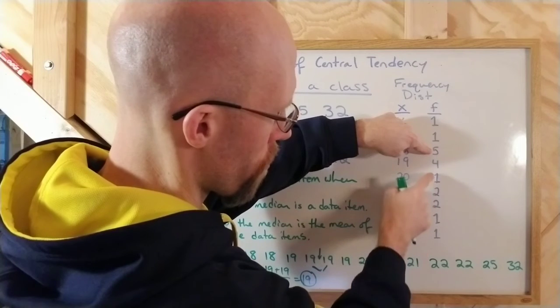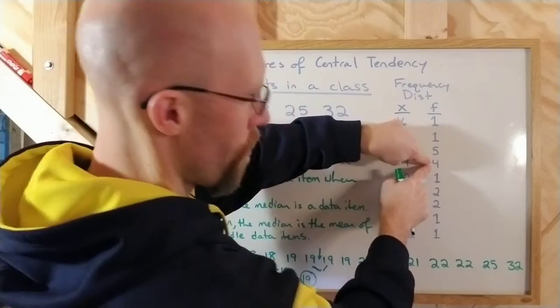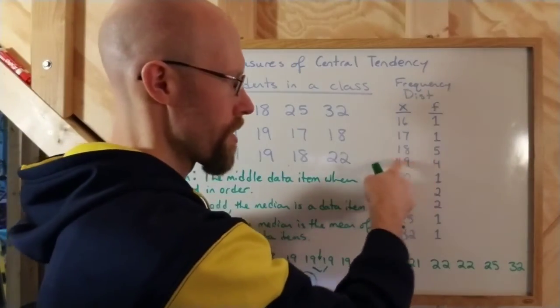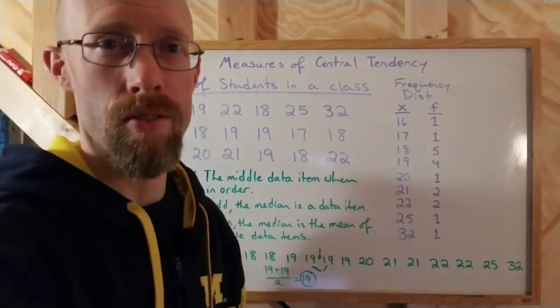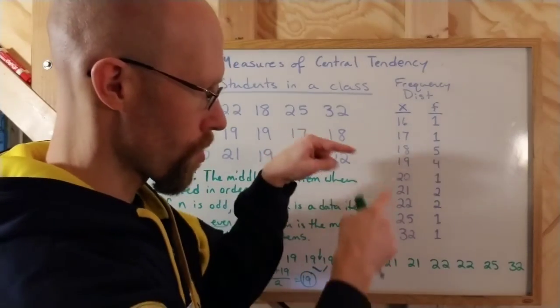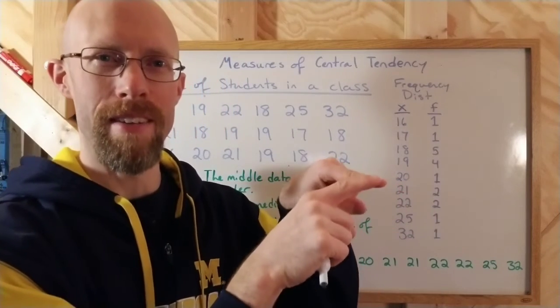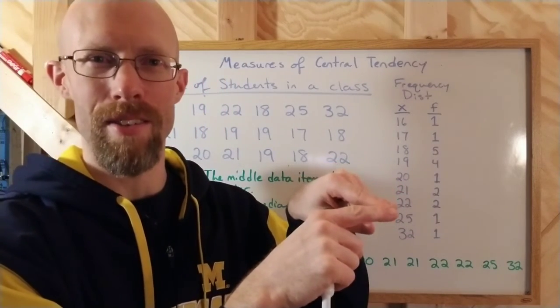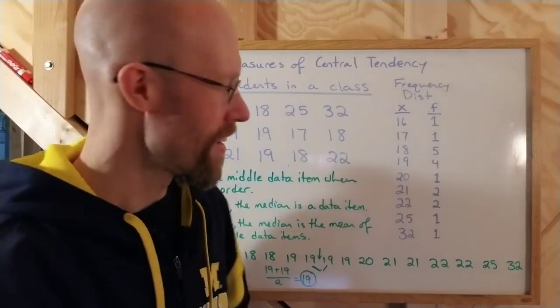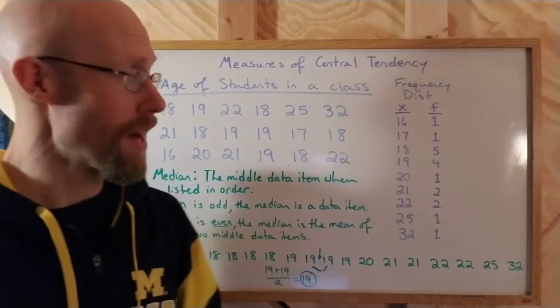So 1, 2, 3, 4, 5. And then 4, so everything else is right here on the 19. So the median is going to be in the 19 there. If you work this backwards until your fingers meet, then wherever you're at is going to be the middle. Okay, so just kind of a trick. You can get an idea of how to do that.